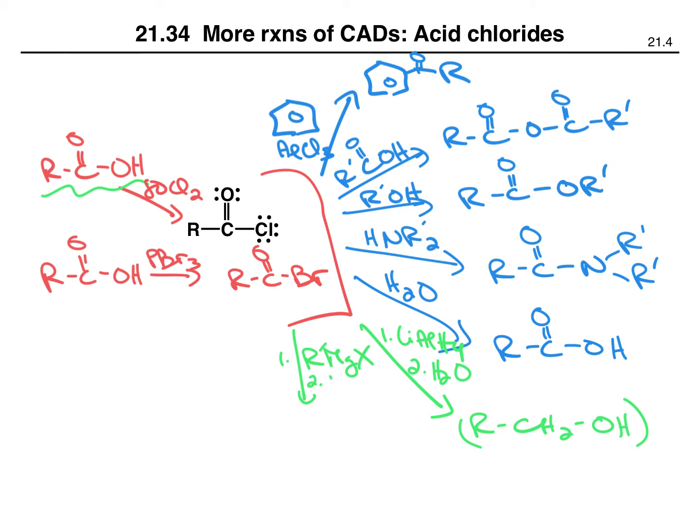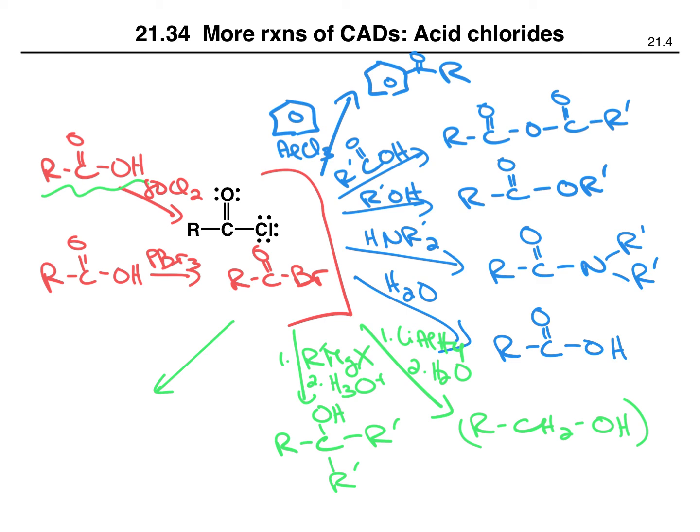Step 1 and then step 2, aqueous acid workup, and this will give us an alcohol where 2 equivalents of Grignard have added. So this is similar to what we saw with esters, where first of all 1 equivalent of Grignard will do nucleophilic acyl substitution, and then a second equivalent will do nucleophilic addition.